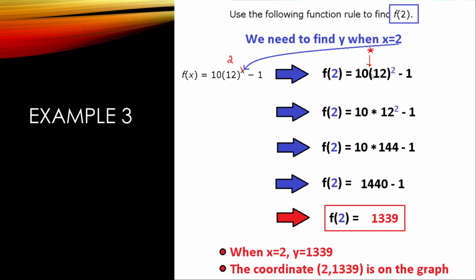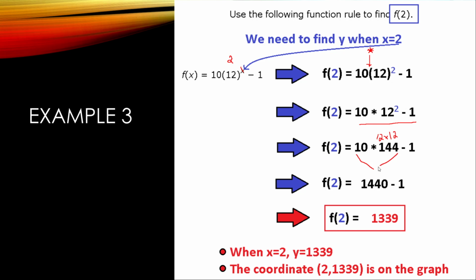Okay, so let's rewrite this so it looks a little nicer. This is really 10 times 12 squared minus 1. We know that 12 squared is really 12 times 12, and that's 144. 10 times 144 minus 1.